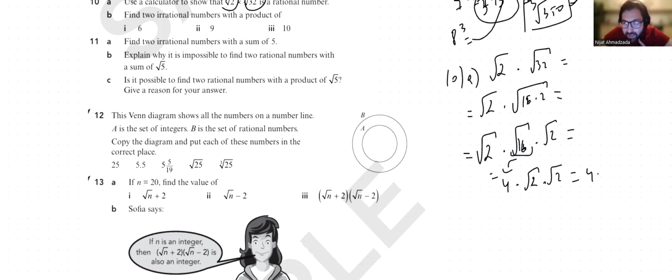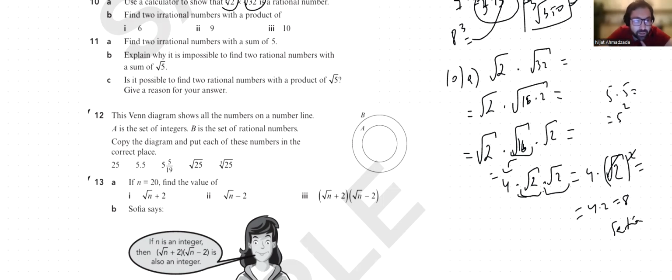What do we do in mathematics when we multiply two same things? We get the square of it, right? If you multiply 5 times 5, that's the same thing as 5 to the power of 2. If you multiply square root of 2 times square root of 2, it is square root of 2 to the power of 2. So power and root cancel each other, and it's just 4 times 2, that's equal to 8, which is rational. Okay, good.